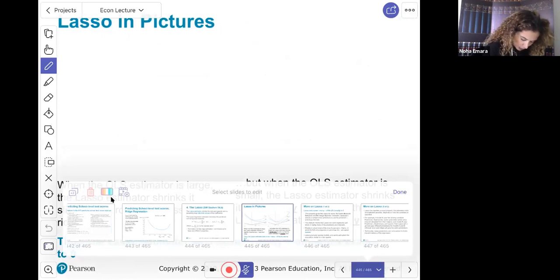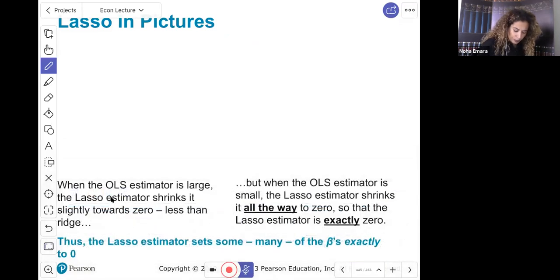But this graph is actually taking again the OLS sum of squared residuals, the ridge sum of squared residuals, and the lasso sum of squared residuals. And it's showing you that the lasso estimator can shrink the coefficient all the way to 0. The estimator can actually be 0, and that means the beta can be exactly 0.